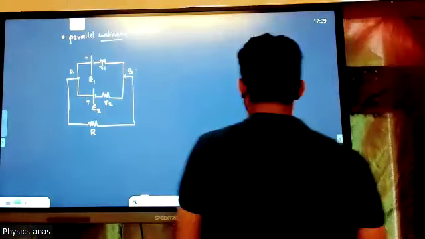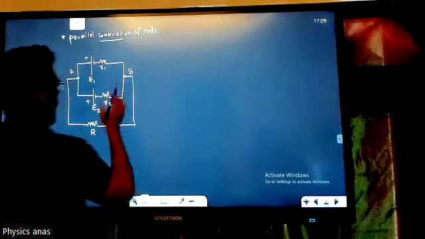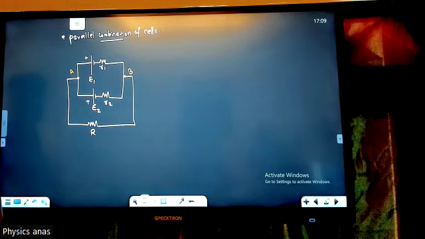Look at it. We have two cells connected in parallel.